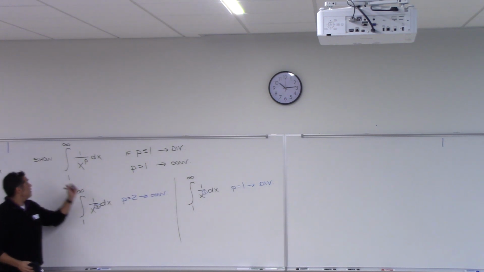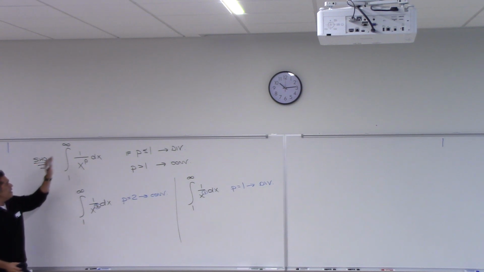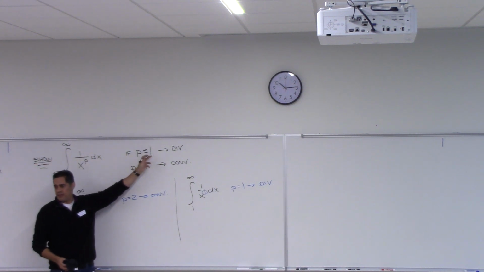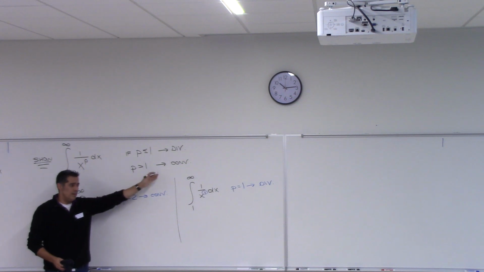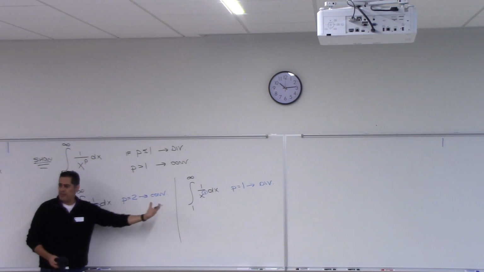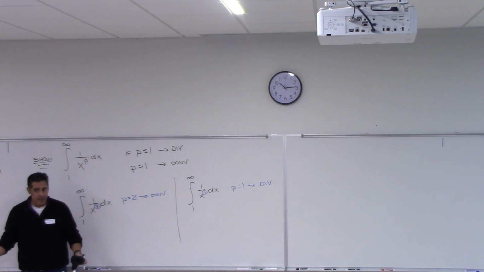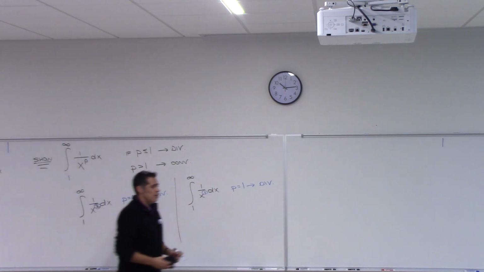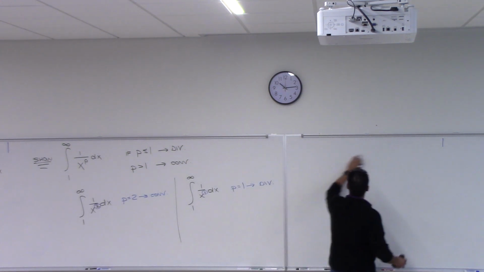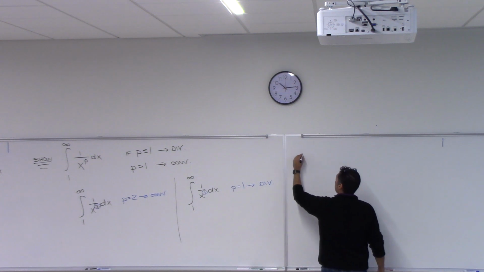What we're going to try and do is show that this is true for any p less than or equal to 1 and any p greater than 1. We've only shown it for 2 different examples here. We have to show it for all p. So let me show you how you go about doing this. First thing I'm going to do is this.